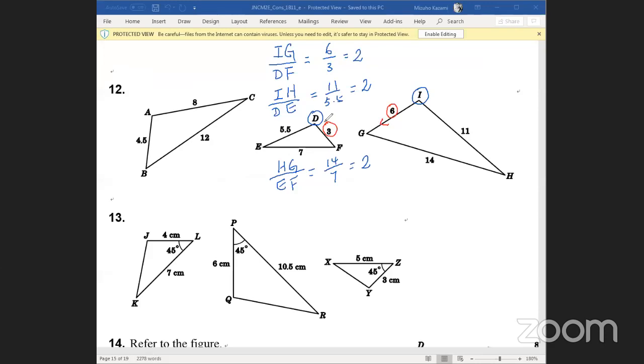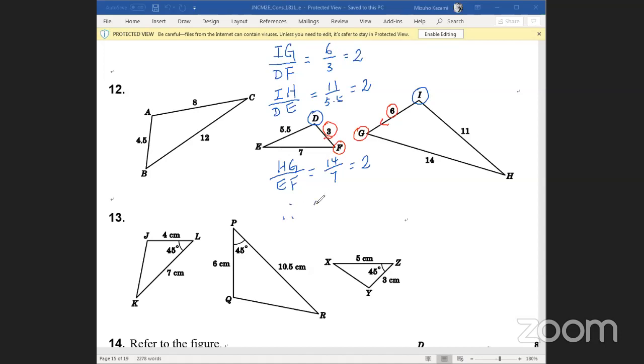And therefore, from the angle circled in blue, if I follow this way, it should come to this point. Therefore, I and D are corresponding, G and F are corresponding. After finding 2, the remaining one should be the remaining pair of corresponding angles.